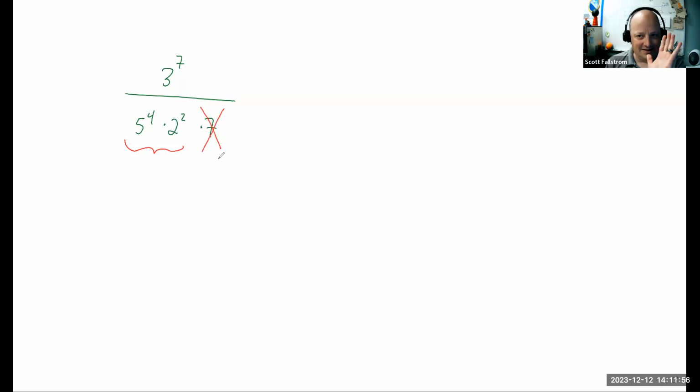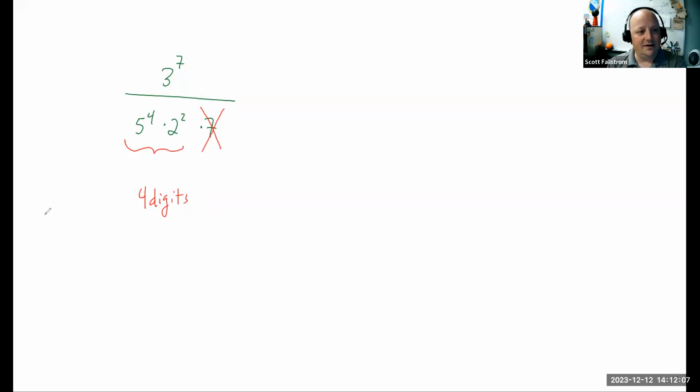Okay, so let's see here. What else do we have? If we had something like a 3 to the 7th, 5 to the 4th, I don't know. We'll do a 2 squared, and I'll do times 7. Okay, just because. So what this tells me is, if I group all my 2s and 5s together, kind of in my mind, I'm pretending the 7 doesn't exist for a moment, as long as we're in simplified form. That would tell me right here, 4 digits. This, if it was terminating, it would terminate in 4 digits.